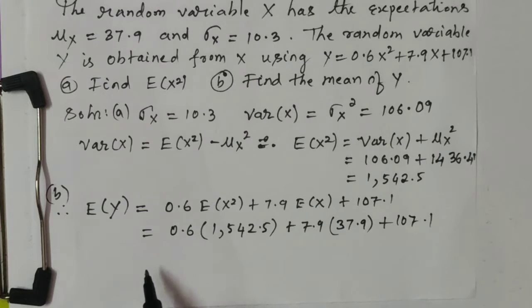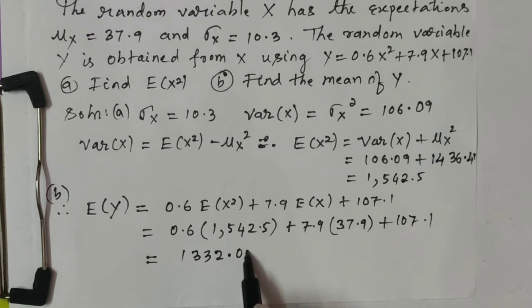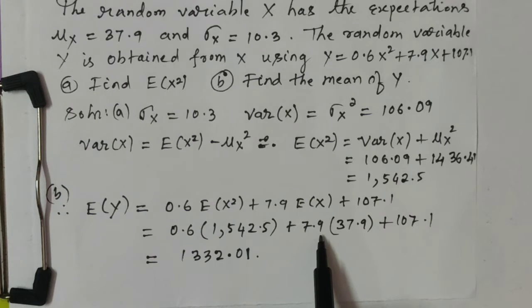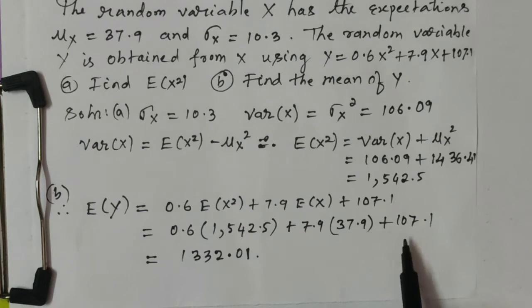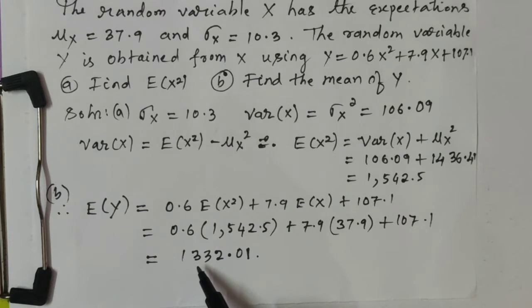If you simplify this, you will find the answer. So 0.6 into 1542.5 plus 7.9 into 37.9 plus 107.1. The answer will be 1332.01.